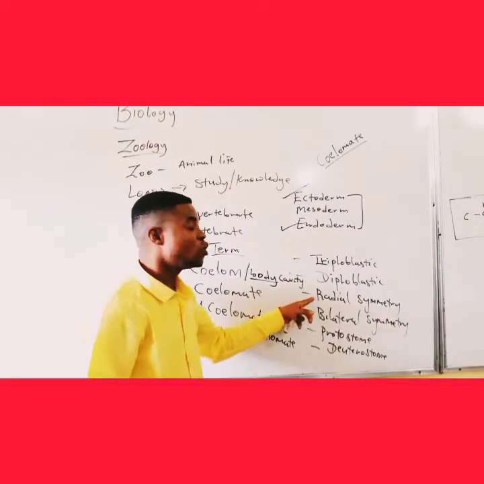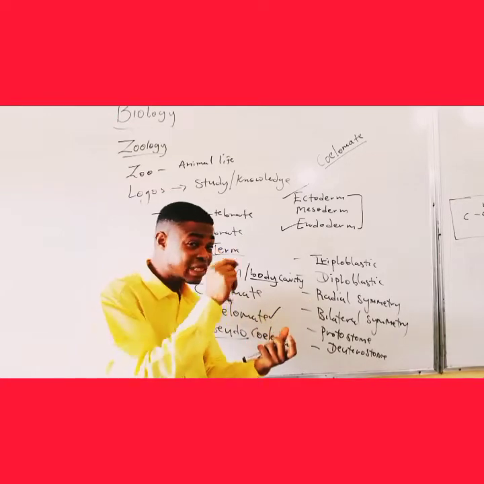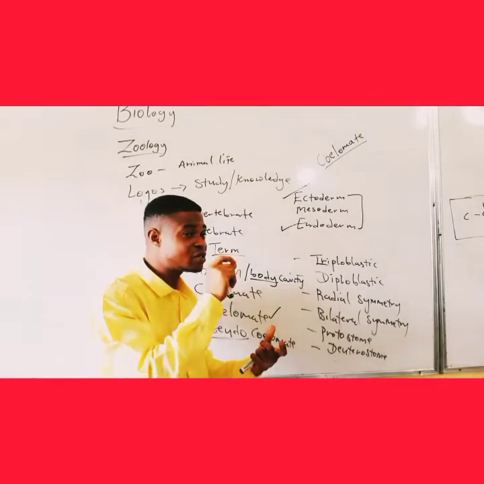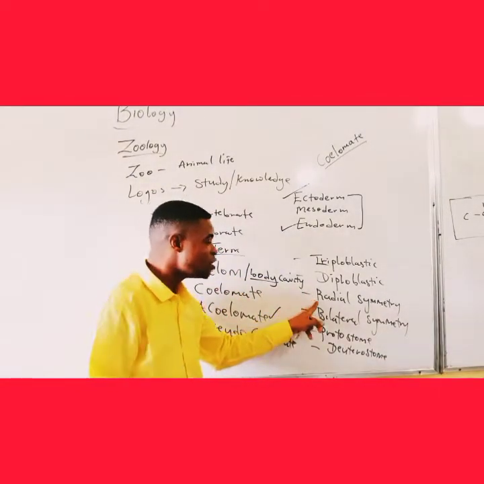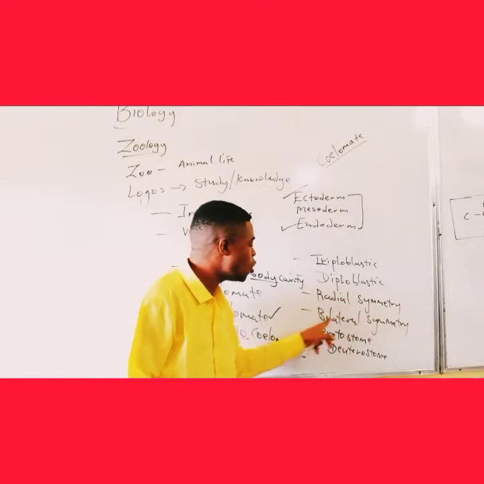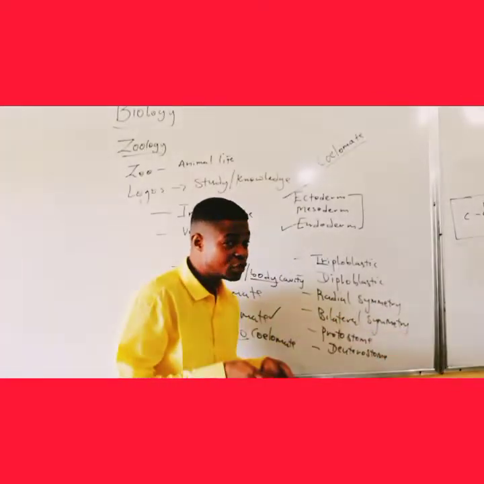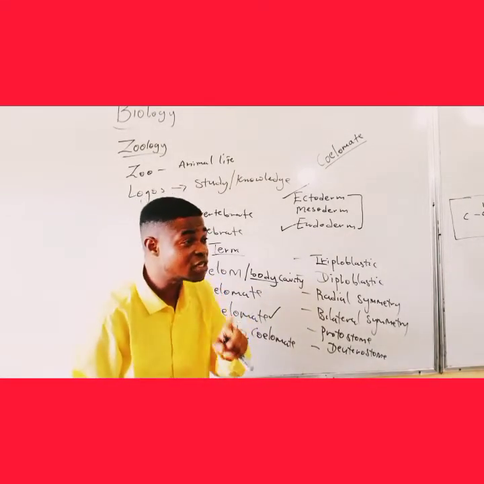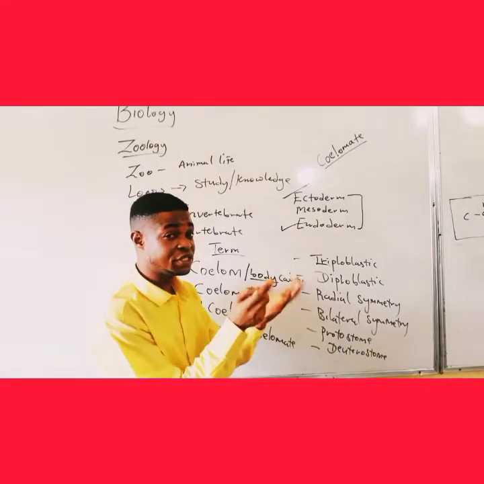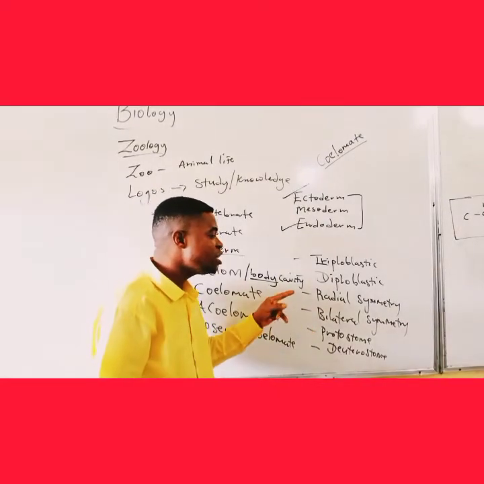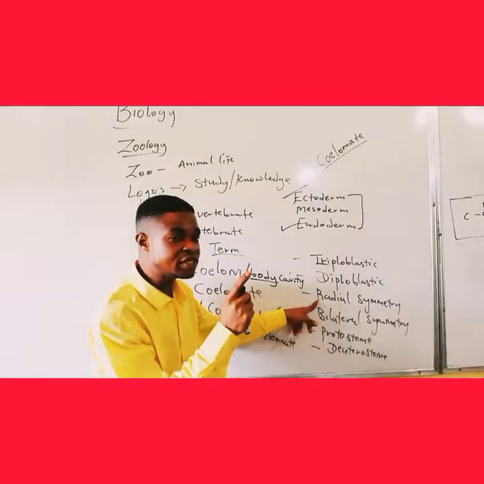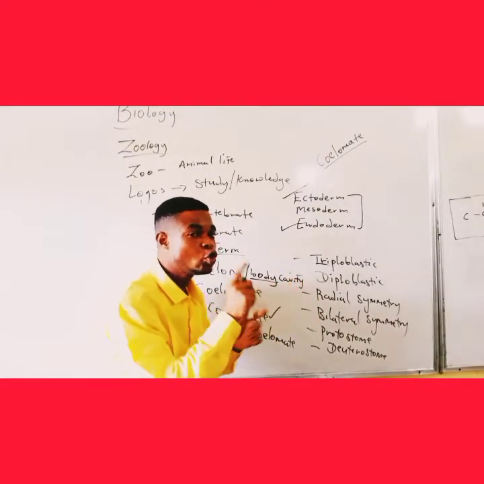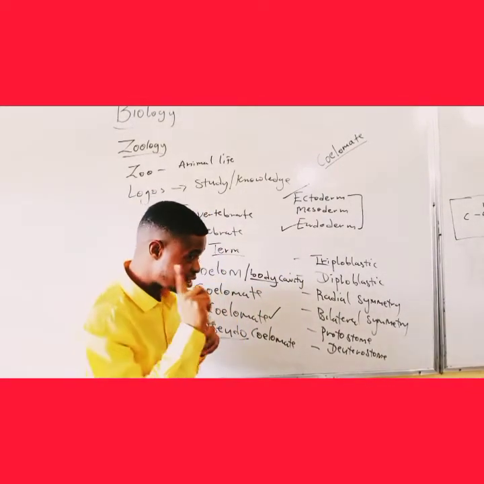All right. Now, organisms that have this line of division can be either radially symmetrical or bilaterally symmetrical. The first thing is for the organism to have the line of what? Symmetry. And the second thing is the nature of the division. Listen very well.